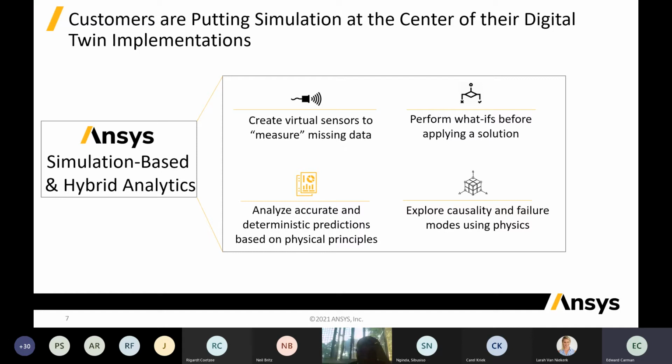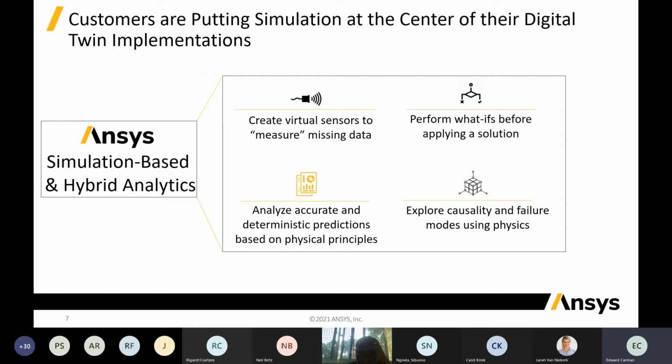And finally, again, we can use simulation to explore things like causality or failure mode predictions. If we're doing traditional data analytics, we might see a deviation from baseline behavior, but we can only connect that to a specific failure mode if we've previously seen that failure mode and tied that sort of data to it.